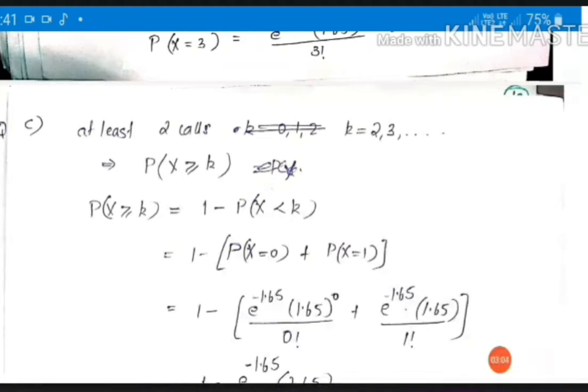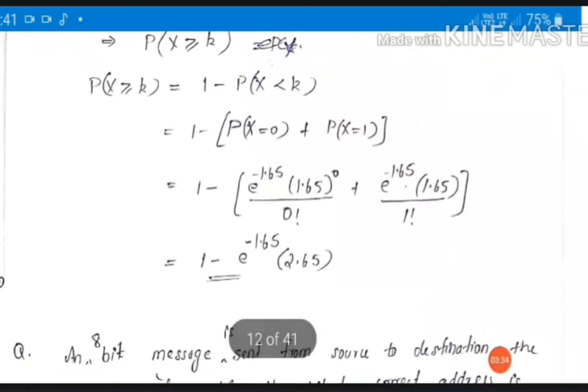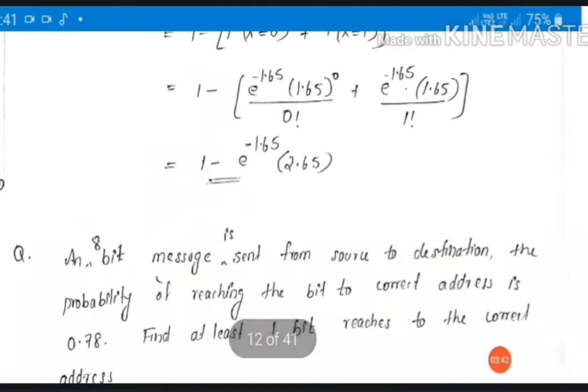That means the probability of X greater than or equal to k, where k can be 2, 3, etc. That will be 1 minus the probability of X less than k, and X less than k will be definitely 2 values: 1 minus the probability of X equal to 0 plus the probability of X equal to 1. That eventually gives 1 minus e raised to minus 1.65 into 2.65. Solving, we get the answer.